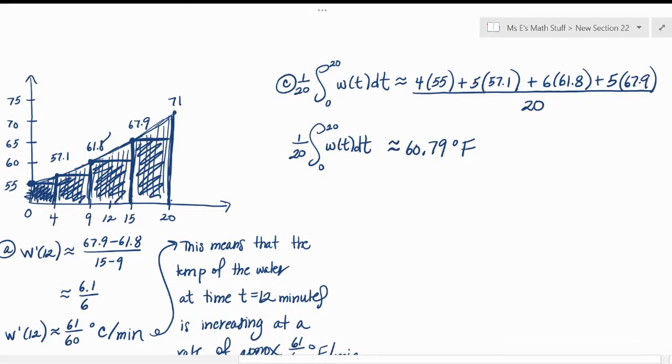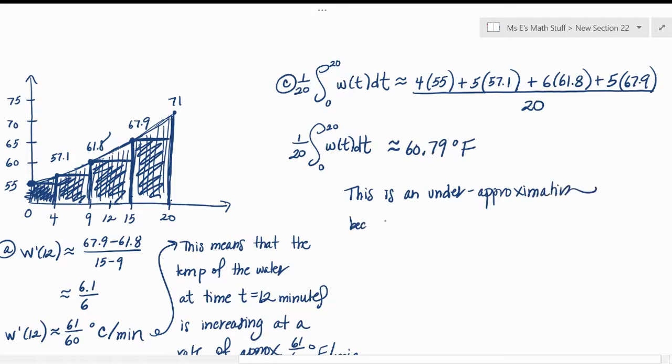Anyway, so then they wanted to know, is this an over approximation or an under approximation? If you look at the picture, you can see that it is definitely an under approximation. So I'm going to start by declaring that. So this is an under approximation. Now, how come?